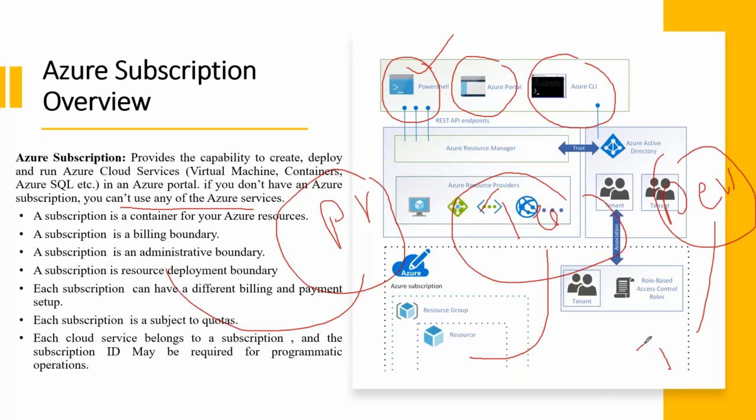Each subscription has a set of quotas, which means there are limitations. In case you reach those limitations, you need to contact Microsoft to enhance them. For example, under one subscription you can create only 1,000 virtual machines.